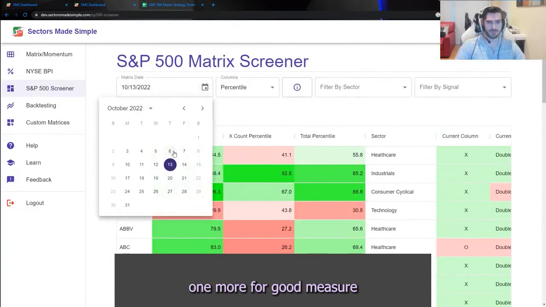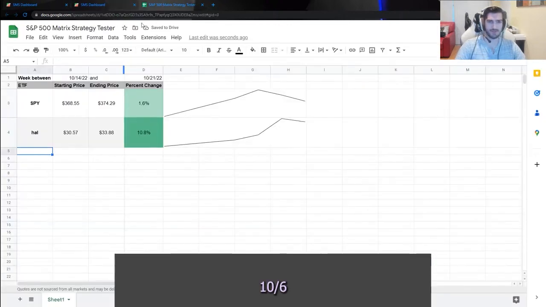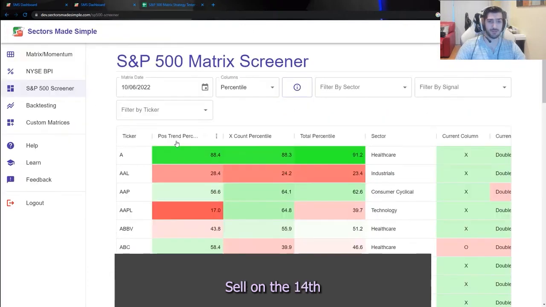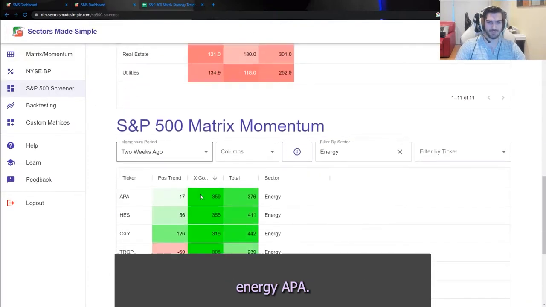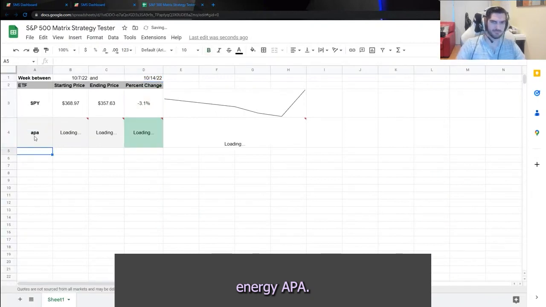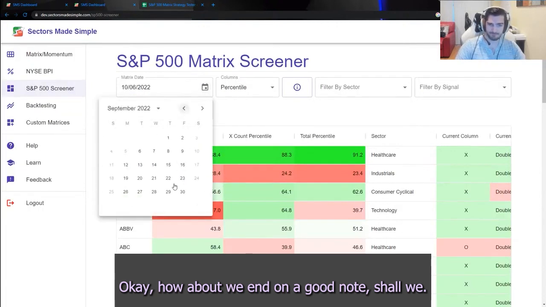One more for good measure. 10.6, so we would buy on the 7th, sell on the 14th. Energy, APA. Okay, how about we end on a good note, shall we?